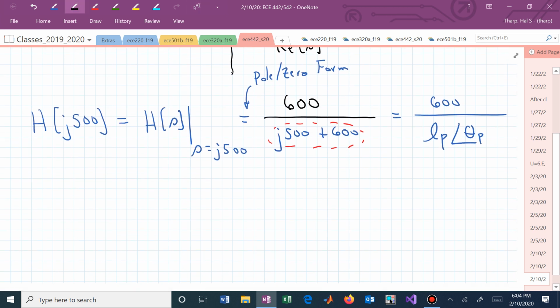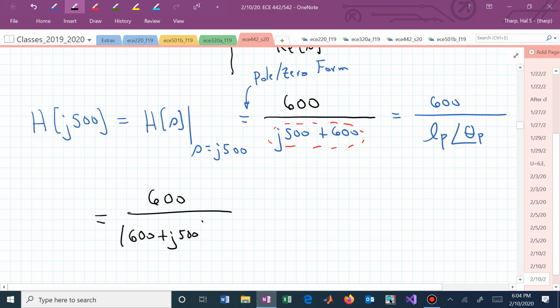We can now say analytically this is 600 over the magnitude of 600 plus j500. That's L sub p, and the angle is the inverse tangent of vertical over horizontal.